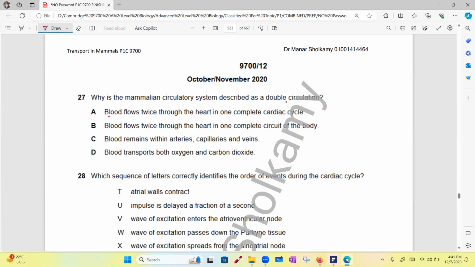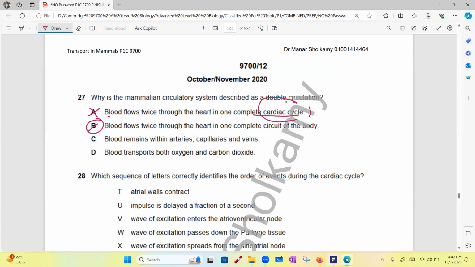It flows through the circuit of the body, not the cardiac cycle. The cardiac cycle is atrial systole, ventricular systole, diastole. Did we say in the cardiac cycle that the blood will travel 2 times? No, not yet. So it's not A. So what did you say? You said B? Yes. Okay.